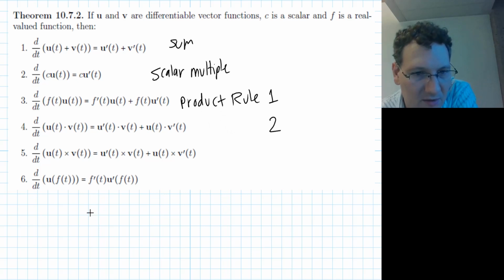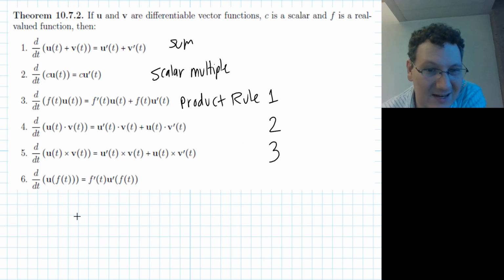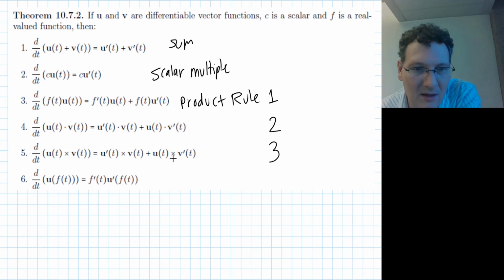So the derivative of u dot v is going to be u prime dot v plus u dot v prime. And then the third product rule is for cross products and actually follows the exact same pattern. The derivative of a cross product of two vectors is going to be the derivative of the first, u prime cross v plus u cross v prime. So three product rules for three different kinds of multiplications: scalar product, dot product, and cross product.